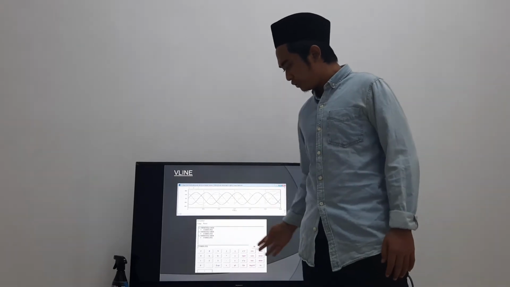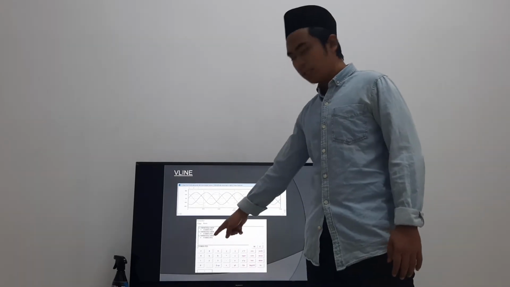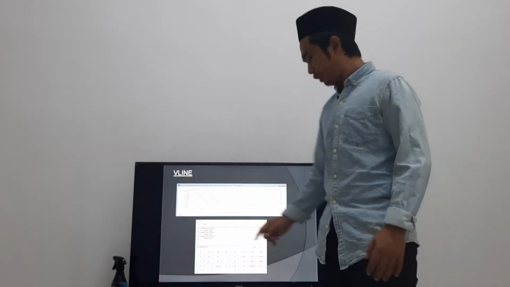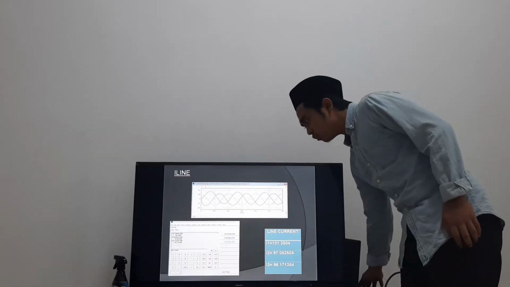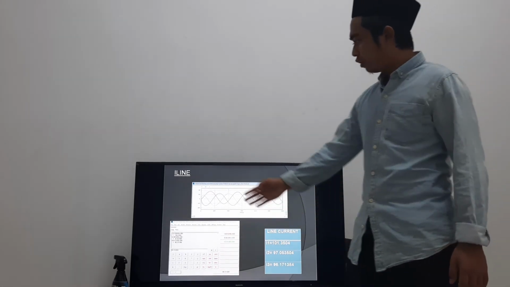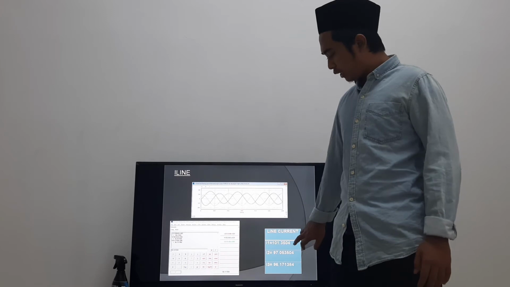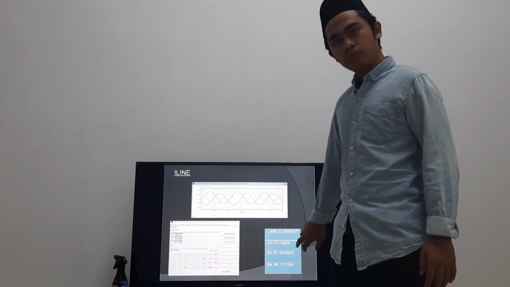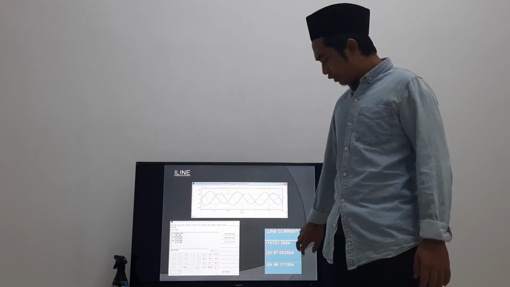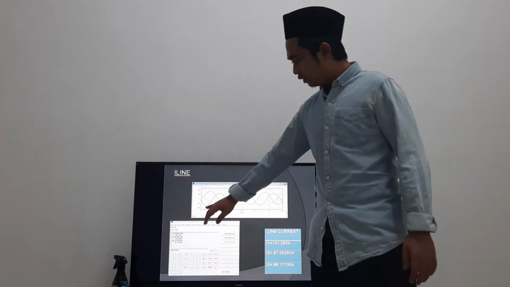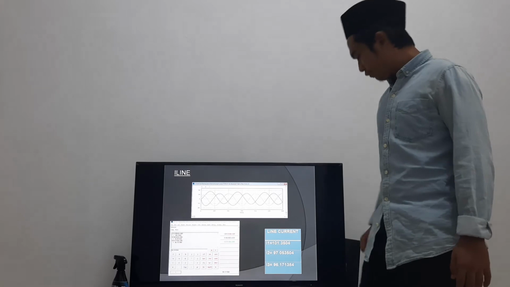The calculation that I get is the same as my calculation and my simulation. Okay, this is for I line. This is the simulation value. As you can see, line current, this is also the graph.